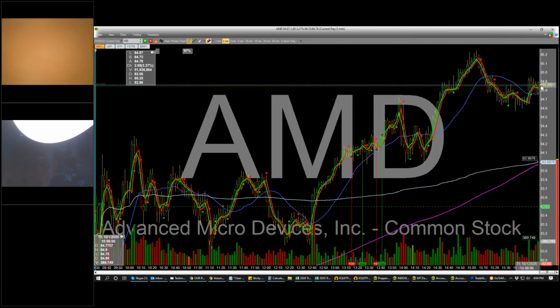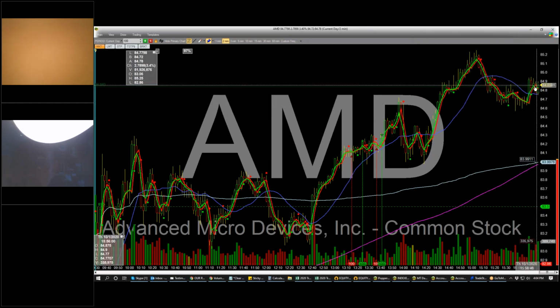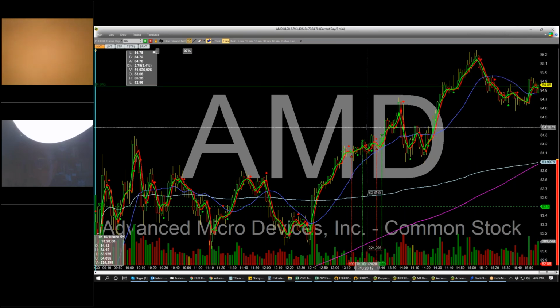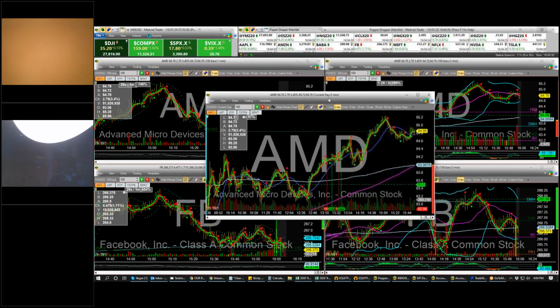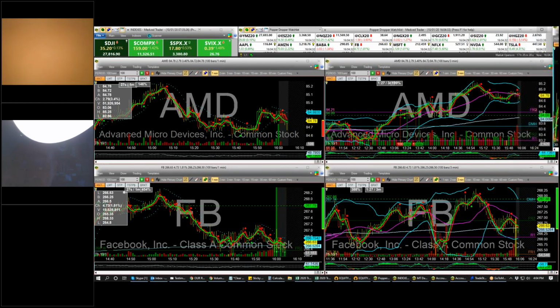Got to fib resistance. Boom. So there was your target if you were long. Hey, this stuff just makes it so crystal clear. You get such a beautiful path to figure out where things are moving.